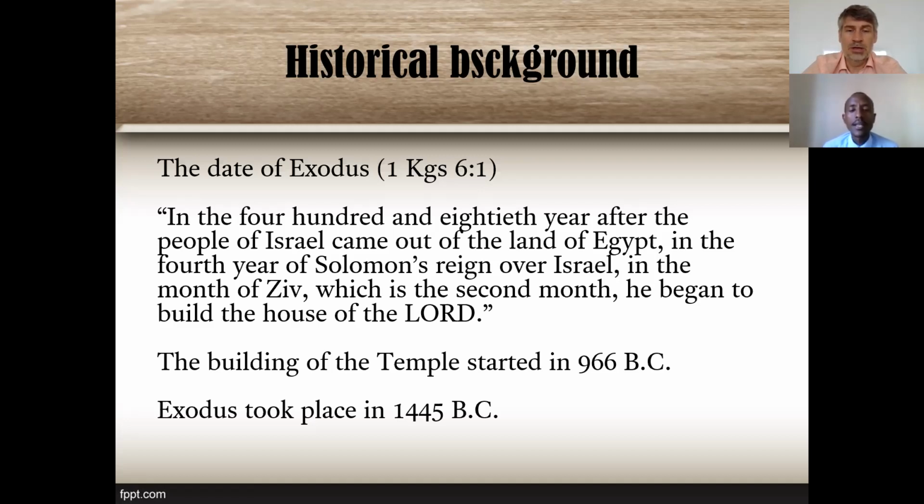But of course, we believe that this text is a literal text and it tells us the exact date of Exodus. So the time of the building of the temple is very well known, and it is 966 years before Christ.